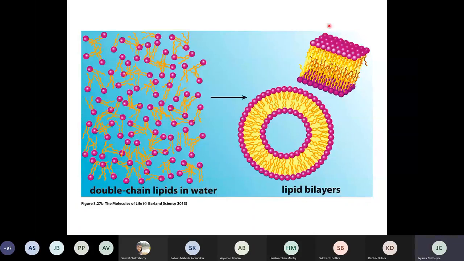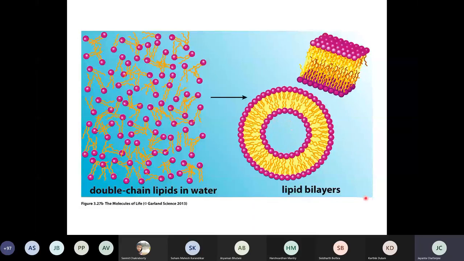Outside there is water, and inside the water is completely excluded from the hydrocarbon tails. Imagine a tennis ball: this is the outer surface, and this is the inner surface, which is very thin, and inside the ball you have a cavity.